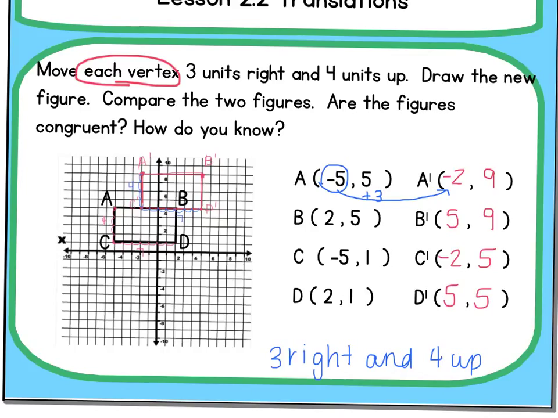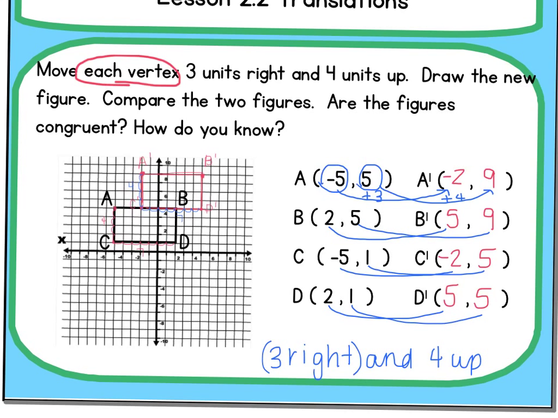And if I moved 4 units up from 5, 4 units up would take me to 9. And that same thing happens every time. I went 3 to the right and 4 units up.